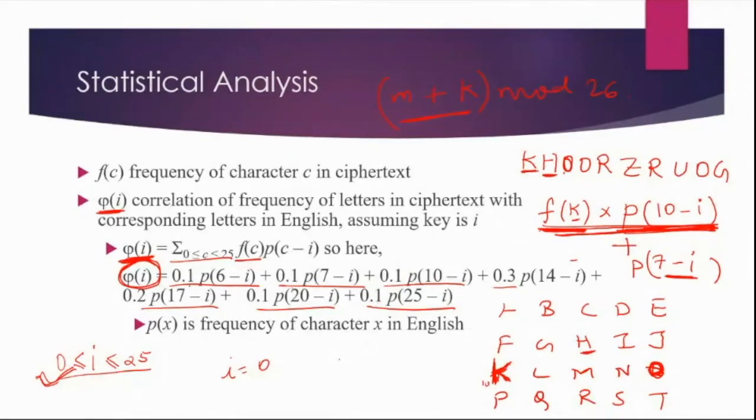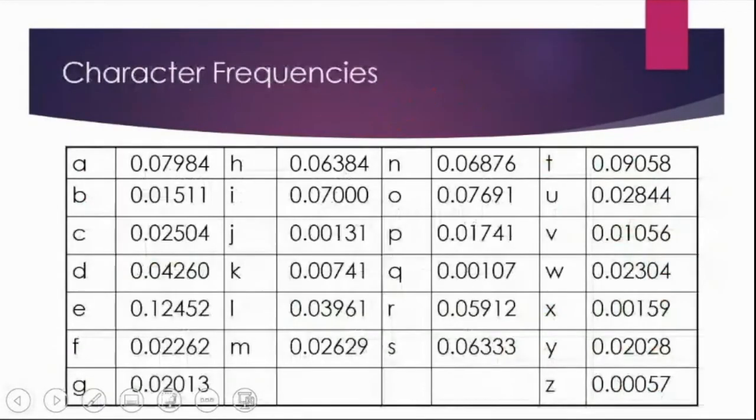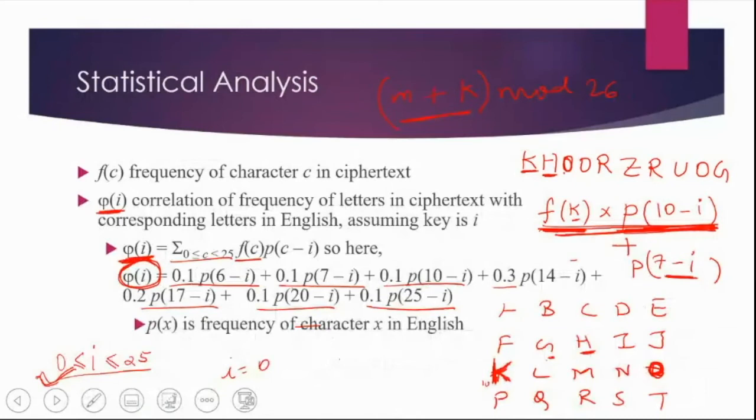Suppose I is 0, it means P becomes 6. 6 is nothing but, I think, G. So what is the frequency of G? You just take the frequency of G here and multiply it. You have to do the same thing for all the 26 possible values of I.